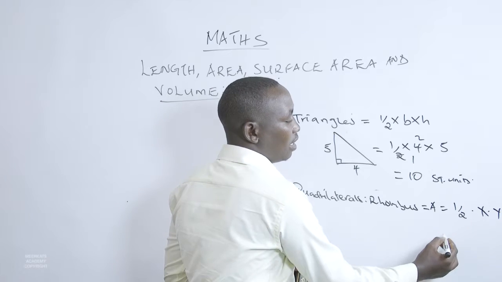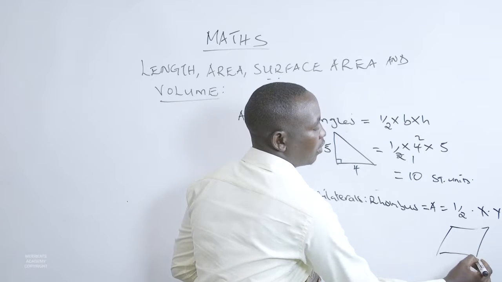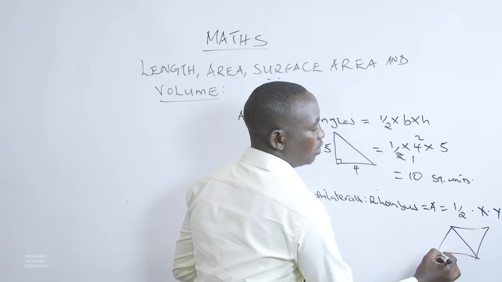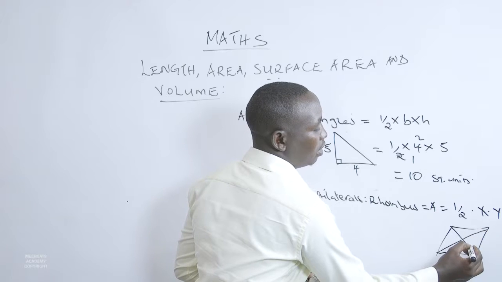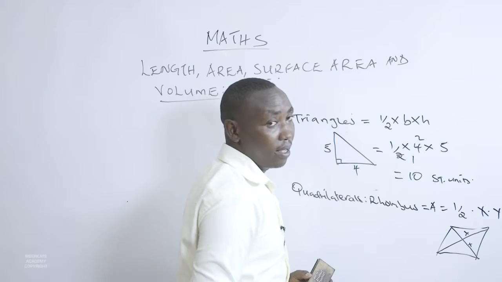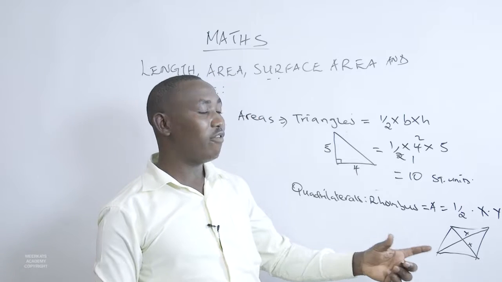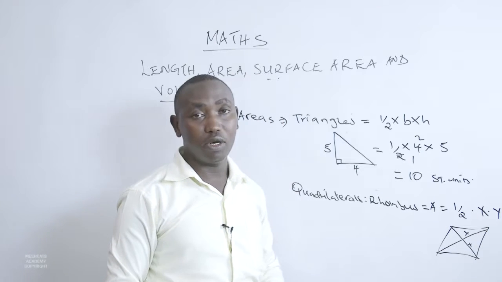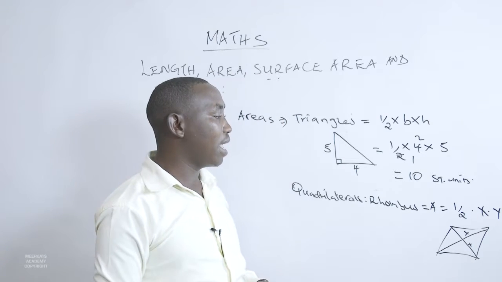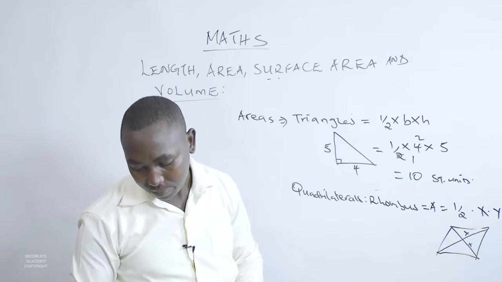So given that this is our rhombus, that these two are our diagonals, this is x and this is y, when you take a half of the product of the diagonals, you get the area of a rhombus.